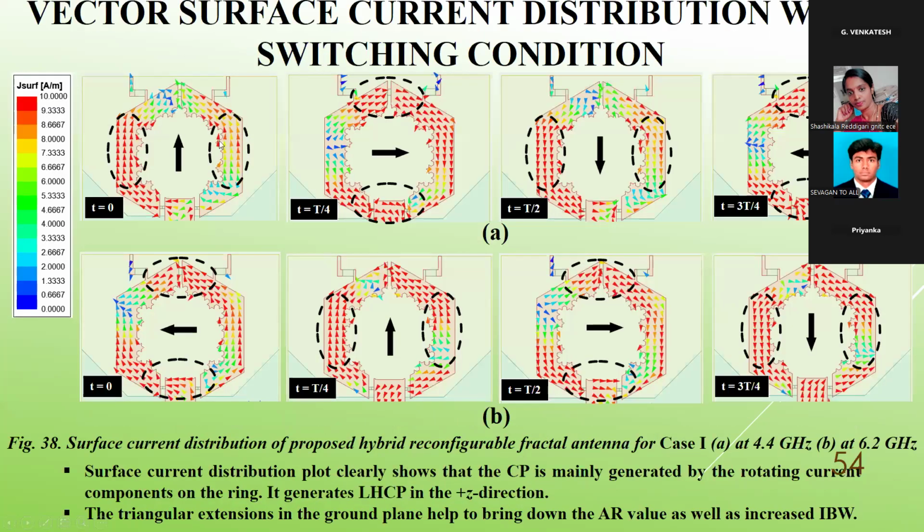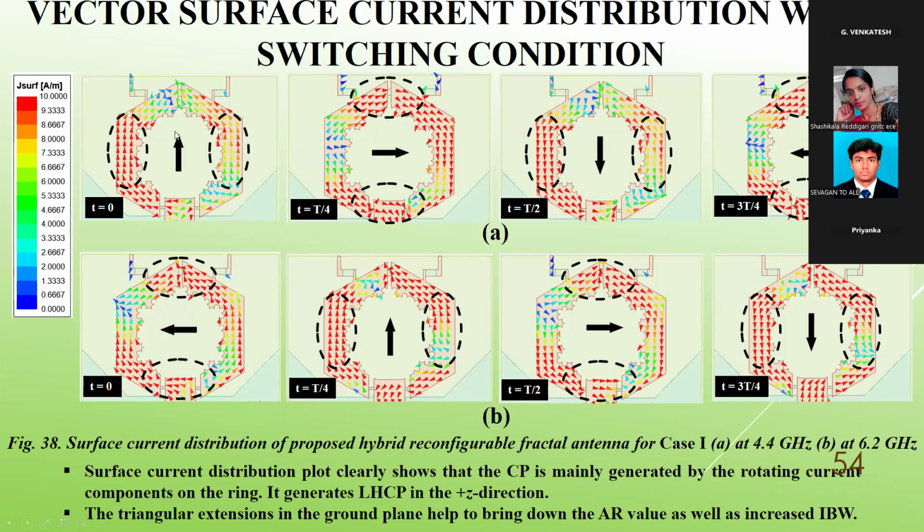So coming to the CP, you can see the surface current distribution here. This is the condition for case 1 at 4.4 GHz and 6.2 GHz.